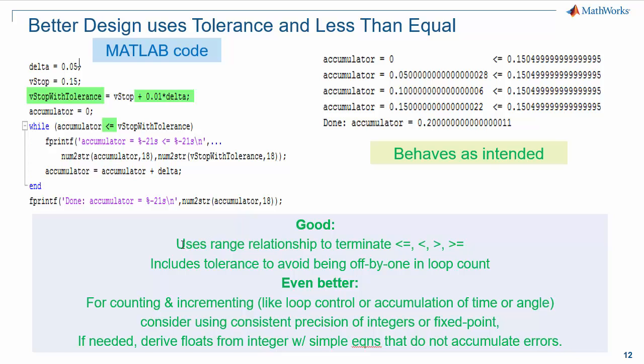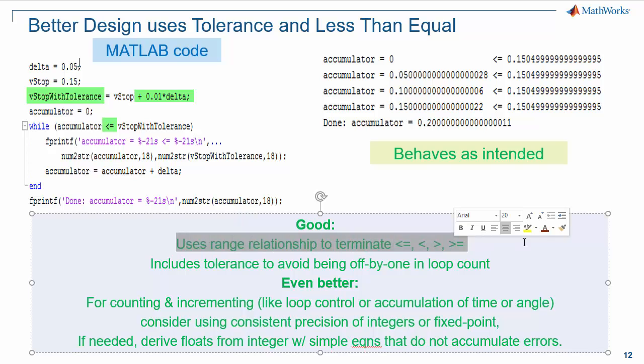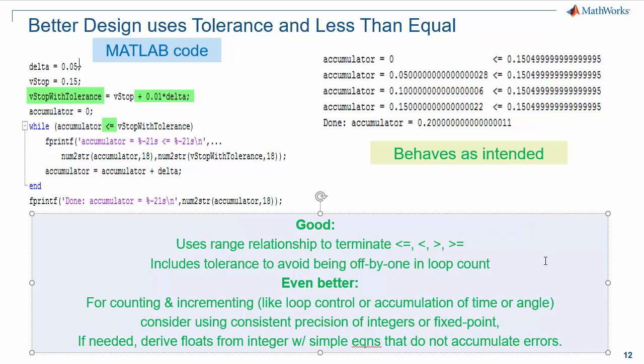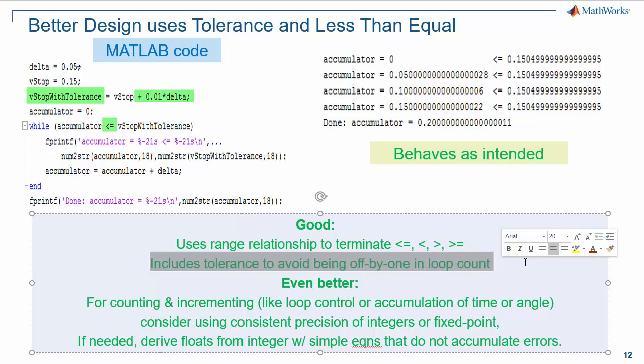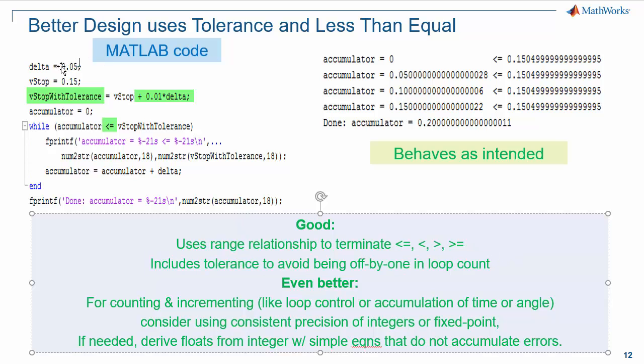So again, the biggest, most important thing is to use a range relationship, not an exact equality or inequality. You also may need to think about adding a little tolerance to get what you want, given that you can have imperfections in the parsing, and those little errors can build up as you're doing mathematics. Now, some of that pain of having to think about tolerance and delta you might be able to avoid by setting the problem up in a different way, such that your loop counting is controlled by an integer.